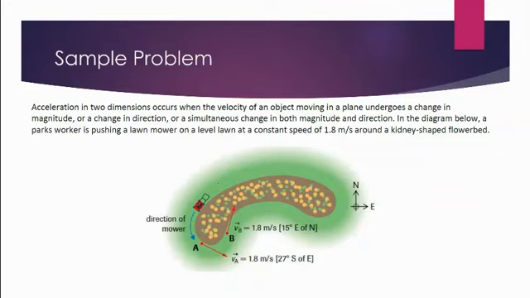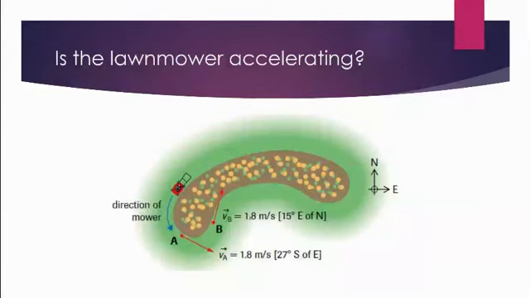So I think it's kind of a loaded question, but for this lawnmower, is the lawnmower accelerating? And the answer is yes, because it is not moving at a constant velocity. It might be moving at a constant speed, but as its direction is changing as it mows around the outside of the garden, its velocity is changing direction, and acceleration is occurring.